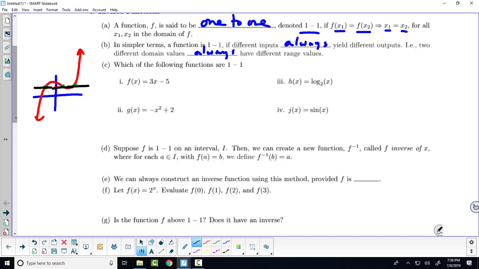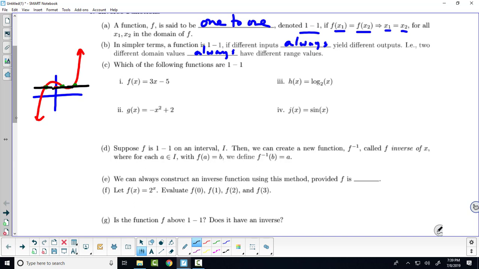So it's not 1-to-1. Careful, that has nothing to do with the vertical line test, which was the test to see whether a relation represented a function. Vertical line test was, are you a function? Horizontal line test is, are you a 1-to-1 function?